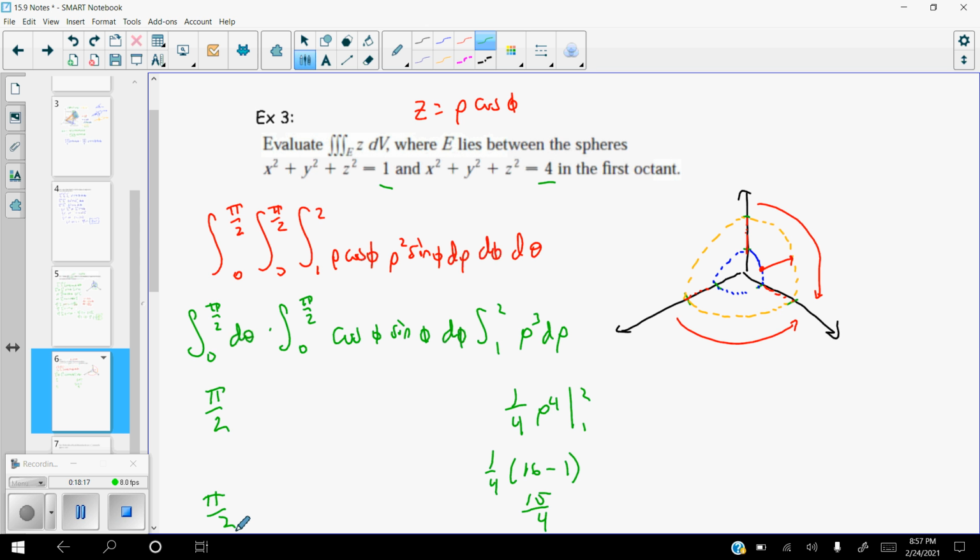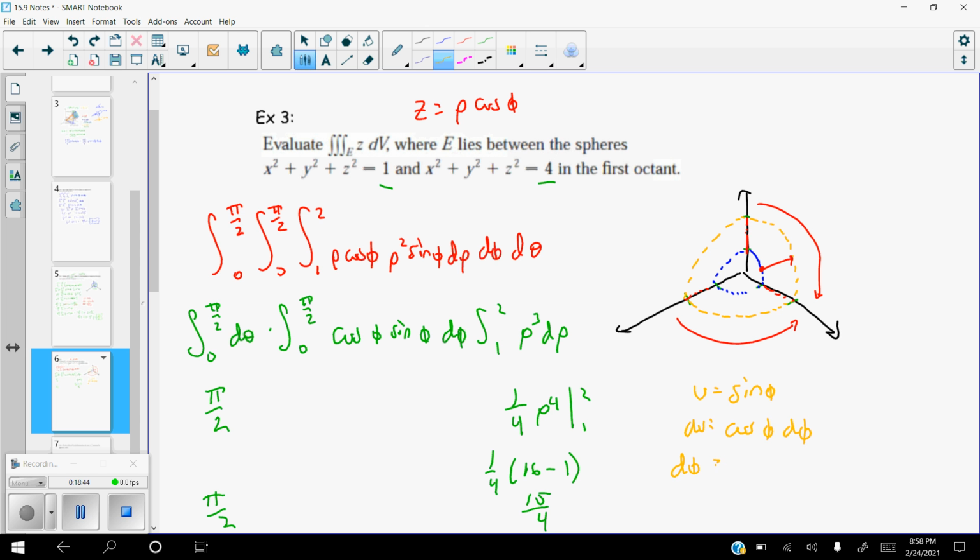Once again, we're going to have to do a little bit of a u substitution in there. We've got cosine of phi, sine phi for the middle one. So let's do a u substitution. In this case, it actually makes no difference which one you do the u substitution for, because the derivative is going to get rid of the other one. Personally, I like to pick sine because at least the derivative is positive. So du will be cosine of phi d phi.